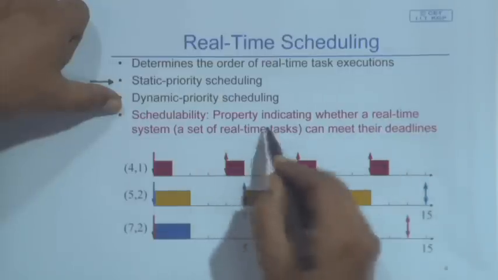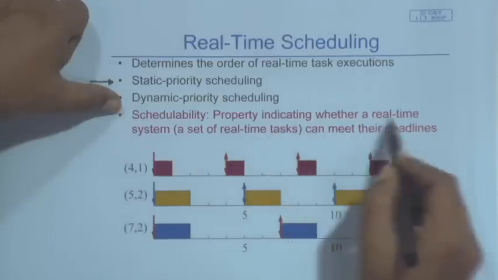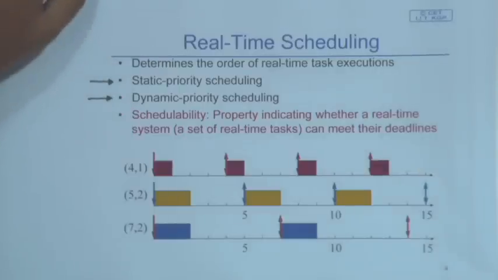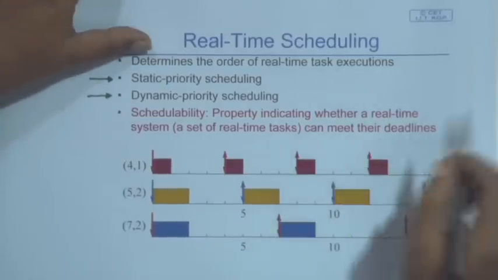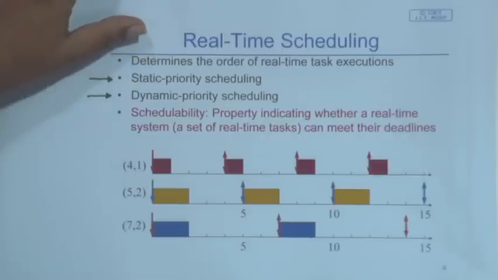Whether I can find it or not is a different question, but does there exist a schedule that can schedule all these tasks so that the deadlines are met? That is known as schedulability. It is a property indicating whether a real time system, that means a set of real time tasks, can meet their deadline.